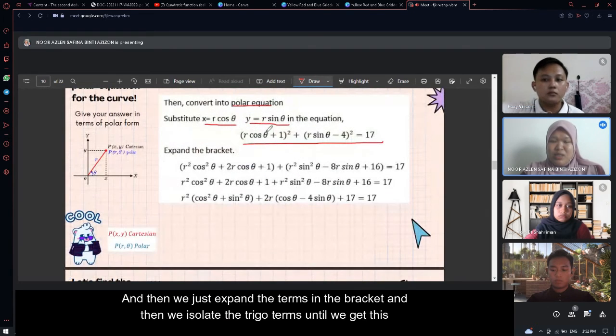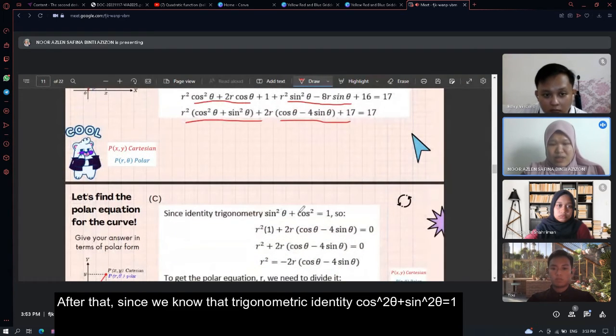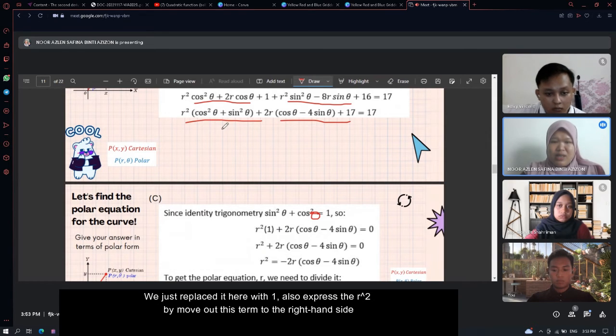The next step is we expand the brackets and isolate the trigonometric terms until we get this. Since we know that sin squared theta plus cos squared theta equal to 1, we just replace it here by 1.